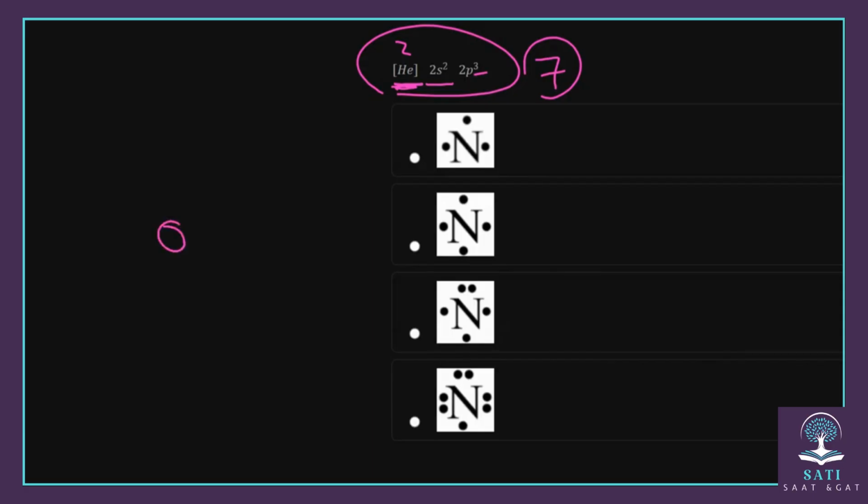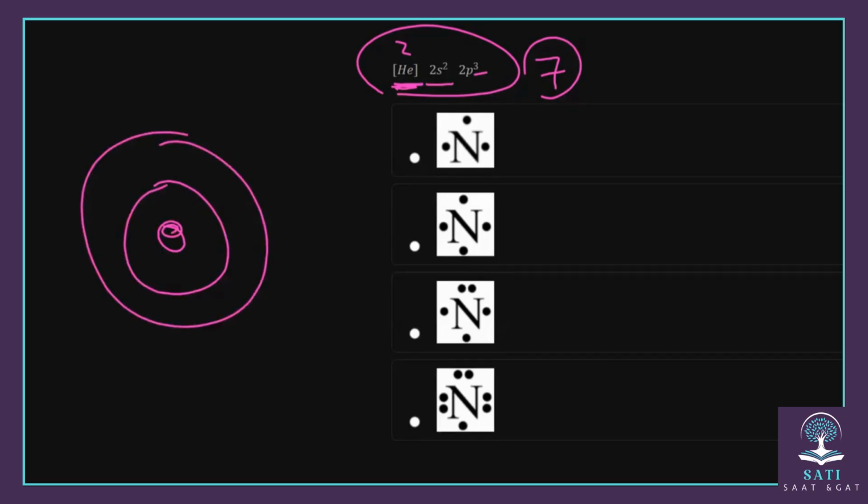Now we go to see how these 7 electrons are organized on the energy levels or on the shells around the nucleus. We know that the first shell takes 2 electrons, and the second shell takes how many? It takes 8 electrons. But here now, when 2 electrons are used and the sum is 7, how many are left now?